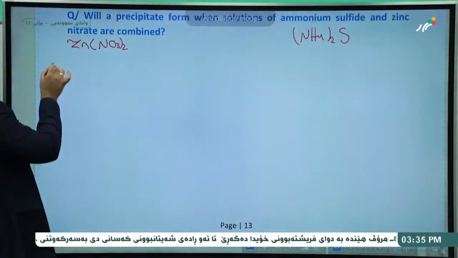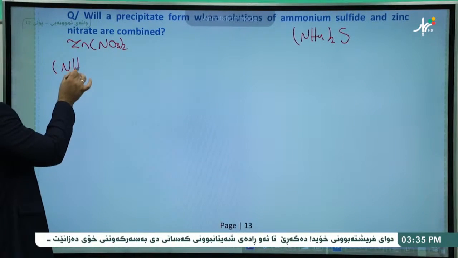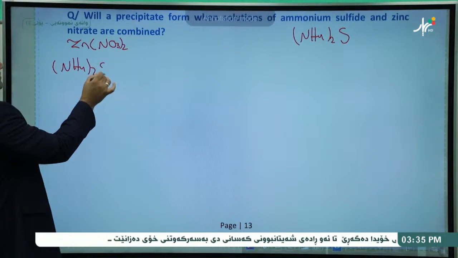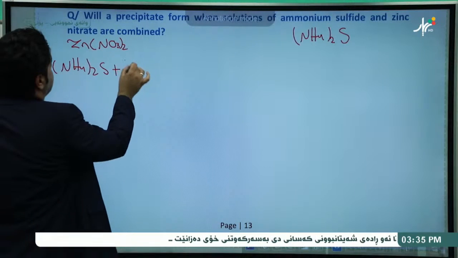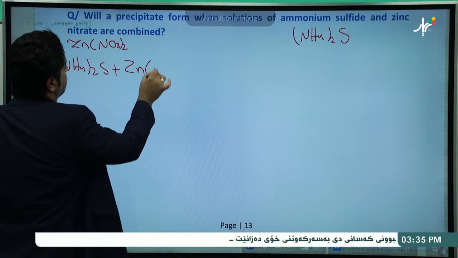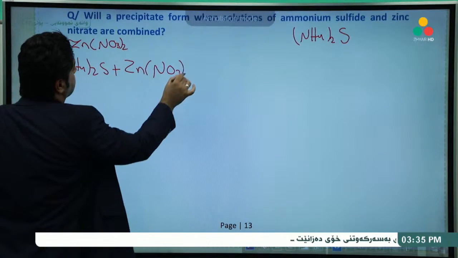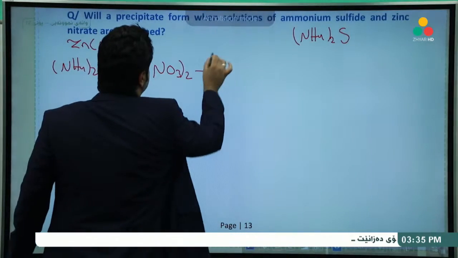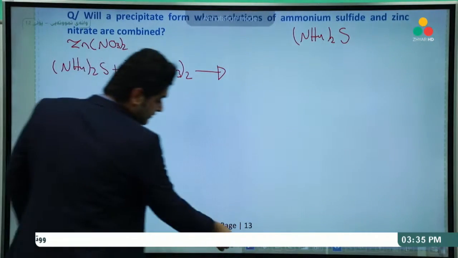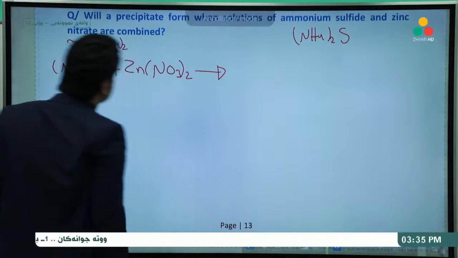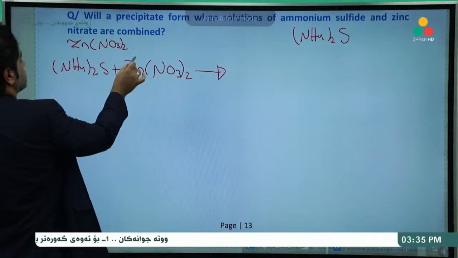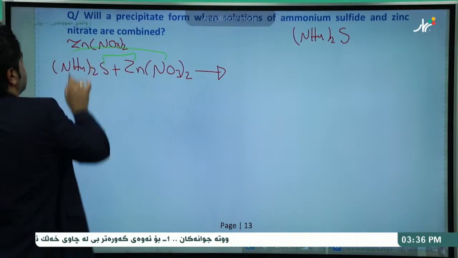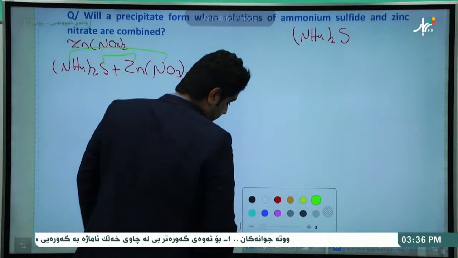(NH4)2S plus Zn(NO3)2. So write the double displacement reaction. The double displacement reaction between these compounds gives ZnS and NH4NO3.